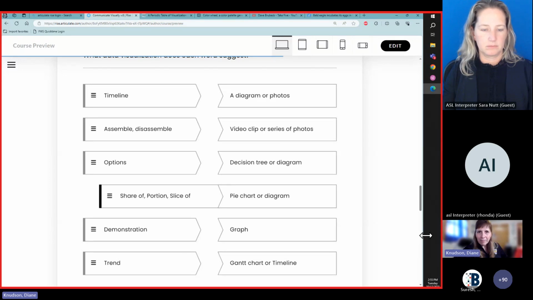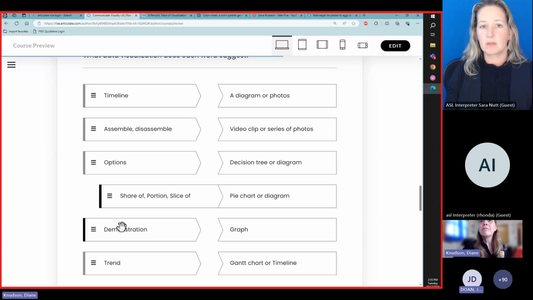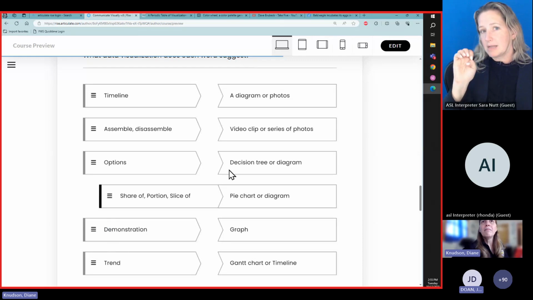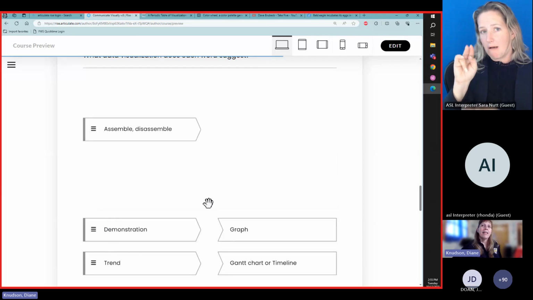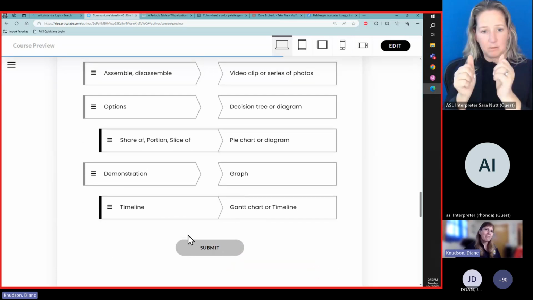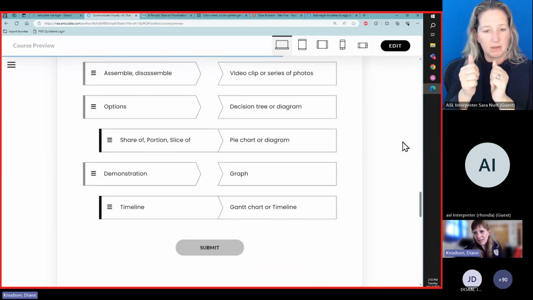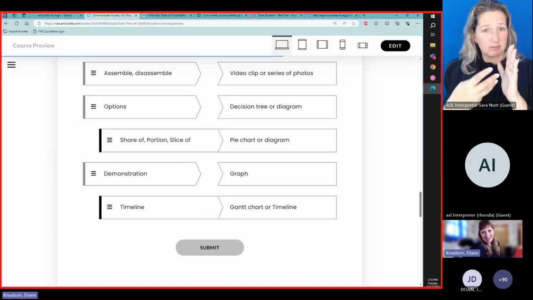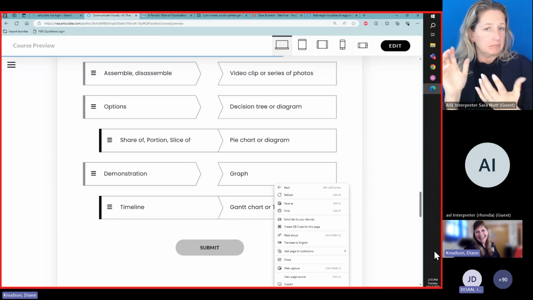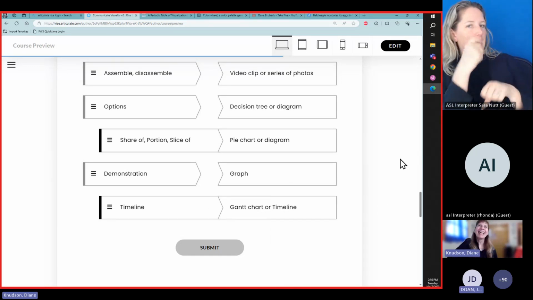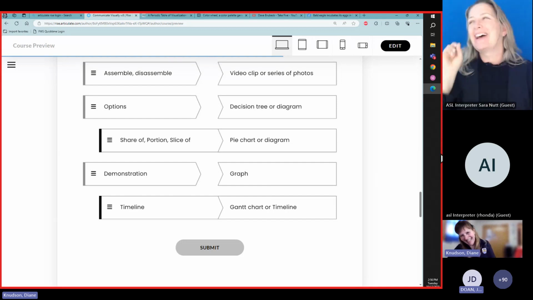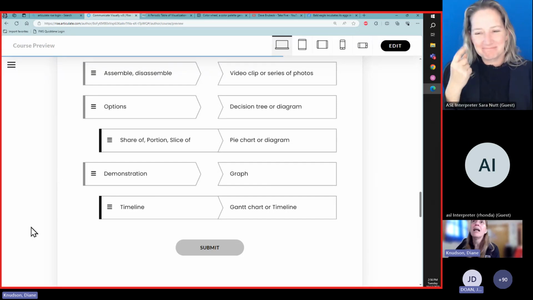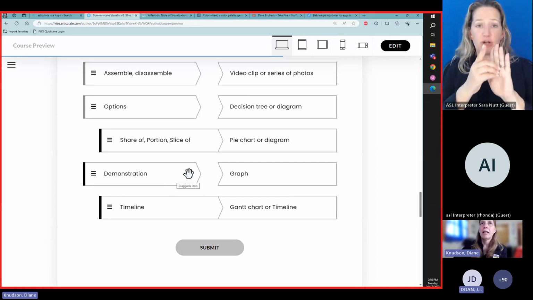So would timeline fit into a Gantt chart or a timeline? Yep, let's see. You don't get feedback until the very end, Jasmine. That's part of the fun. Would demonstration fit into video clip or series of photos?